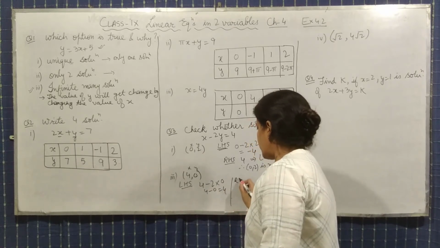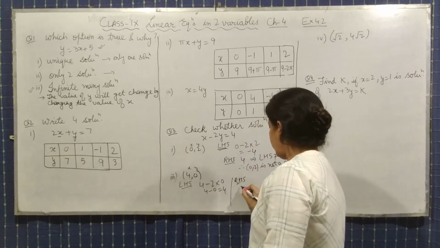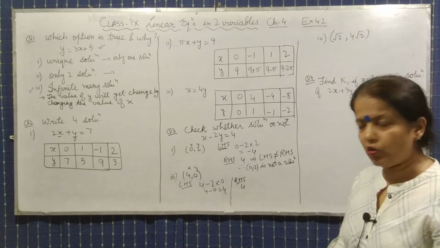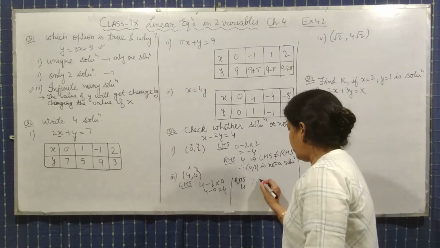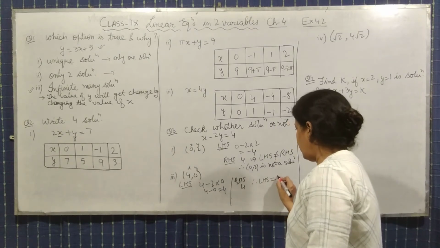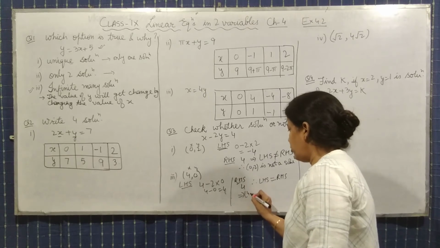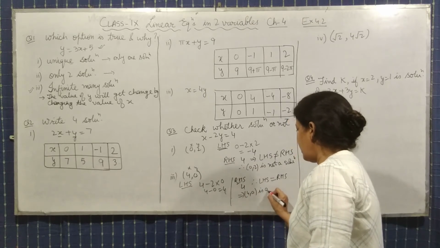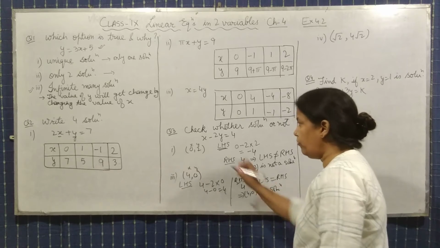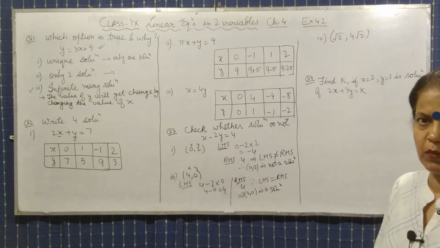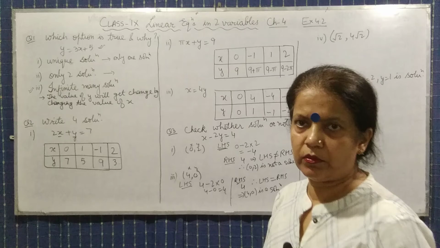And RHS is also 4. So both of them are equal. Therefore, LHS equal RHS. This implies (4, 0) is a solution of linear equation x minus 2y equal 4. Clear?